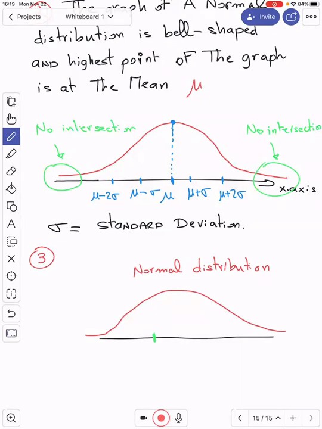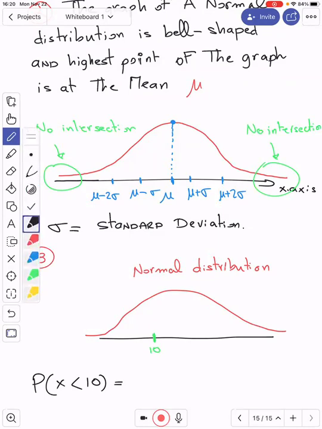For example, let's say this is 10. Then the probability that the variable x is less than 10 will be the area under the graph to the left of 10.